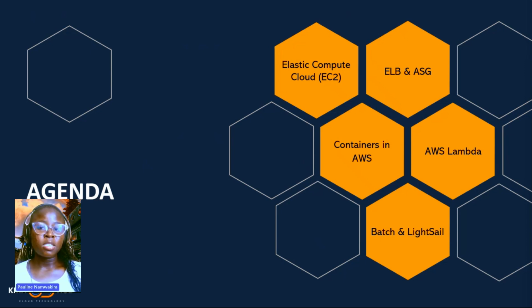So we'll cover the concept of what are the elastic load balancers available in AWS, what is an auto scaling group. We'll touch on some of the container services we have in AWS, Lambda, function as a service, and then wrap up with some other additional compute services that you might need to know in the exam, but at a very high level, Batch and Lightsail.